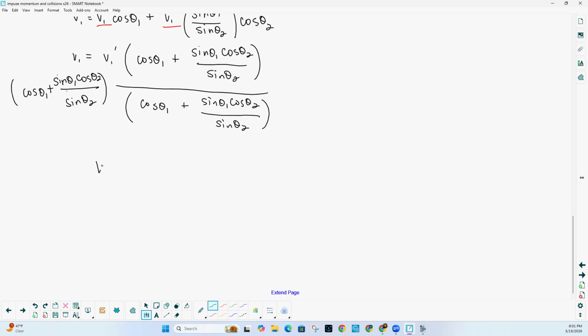Okay, and now I get v1 prime is equal to v1 divided by cosine theta 1 plus sine theta 1 cosine theta 2 all over sine theta 2.